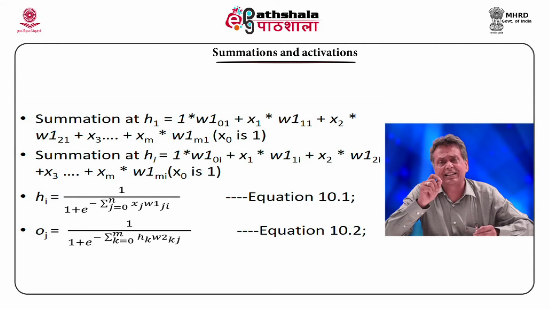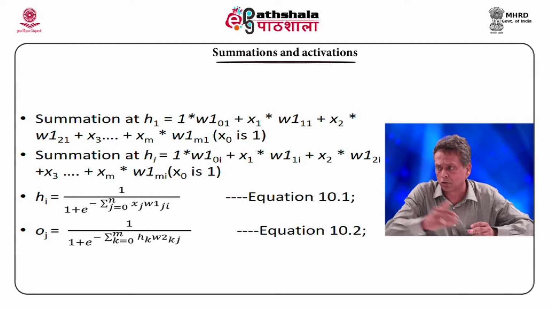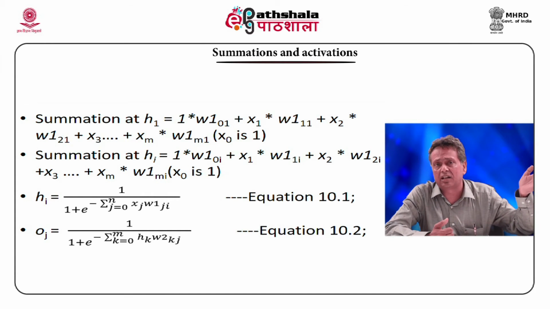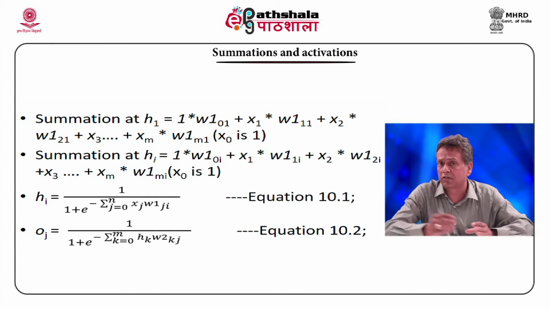Similarly, at the ith hidden unit, as shown on the screen, the only difference is that the second suffix was 1, which becomes i now. Otherwise it is the same. So, that is basically the summation. And how are hi values calculated? We have already seen that we will use the sigmoid function. Sigmoid function is used here.